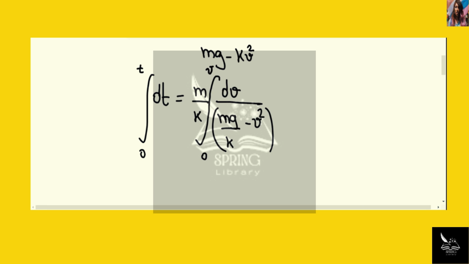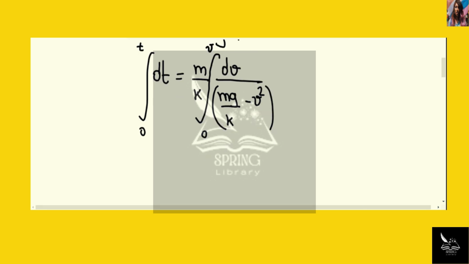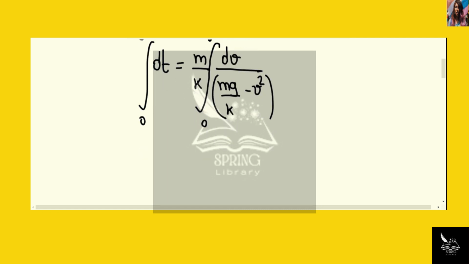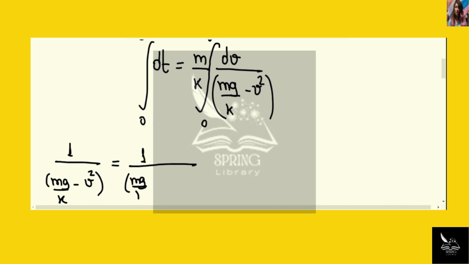Now, this integral is a little tricky to perform, so let me walk you through it. We have that 1 over mg over k minus v squared is equal to 1 over the square root of mg over k minus v times the square root of mg over k plus v.